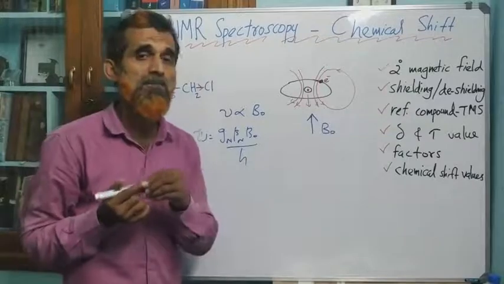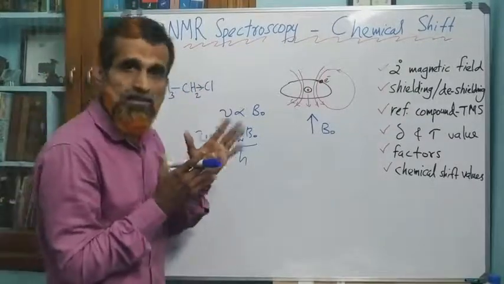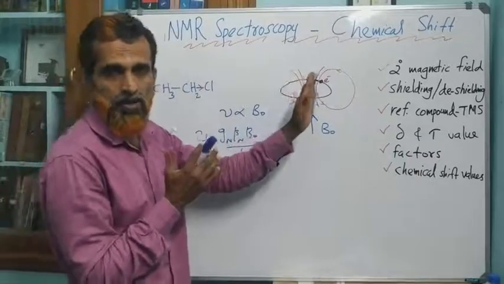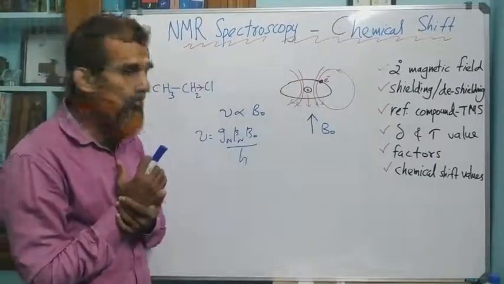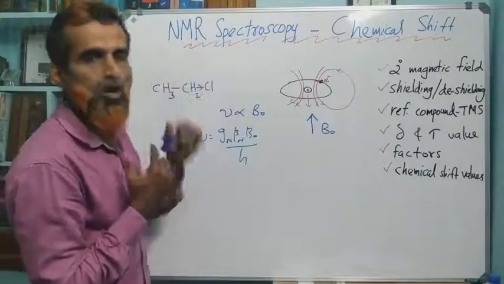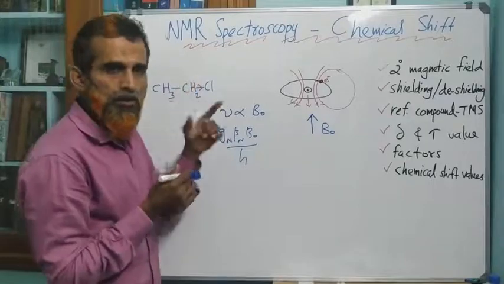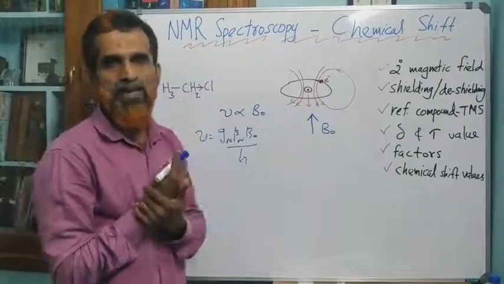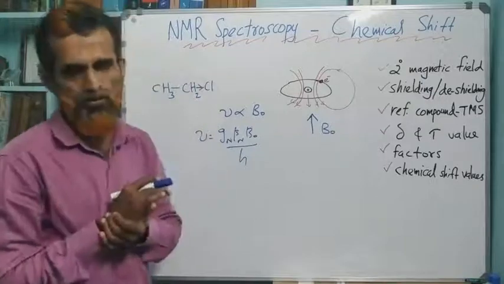So chemical shift actually means the separation or the difference in absorption position of a particular proton which is present in a particular chemical environment compared to the isolated proton.